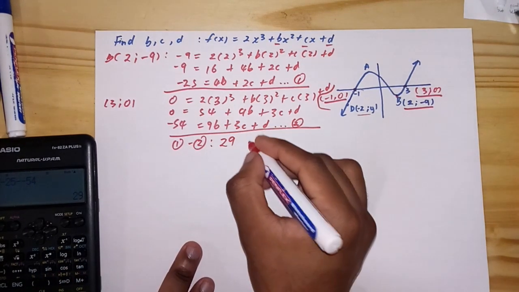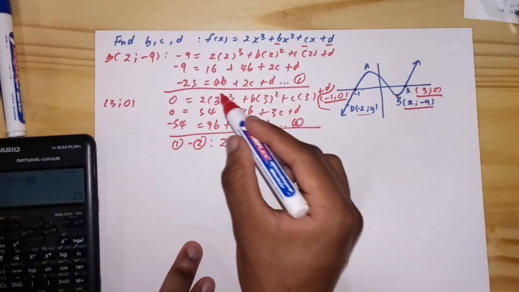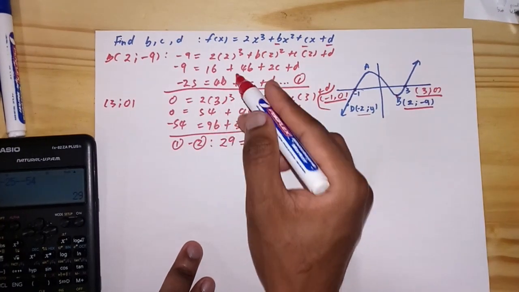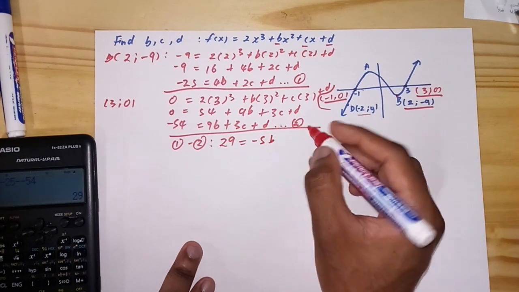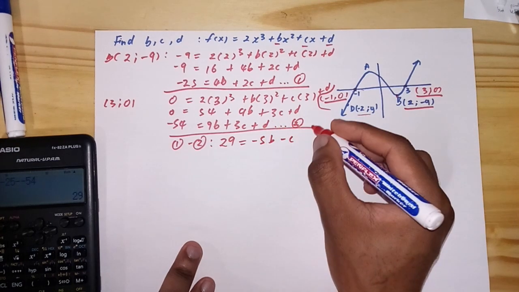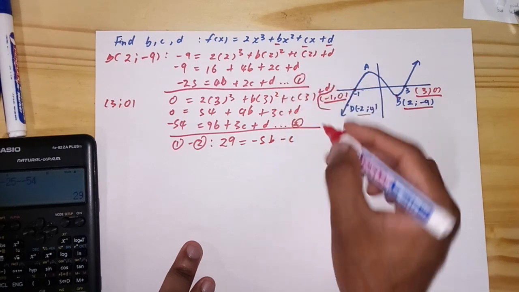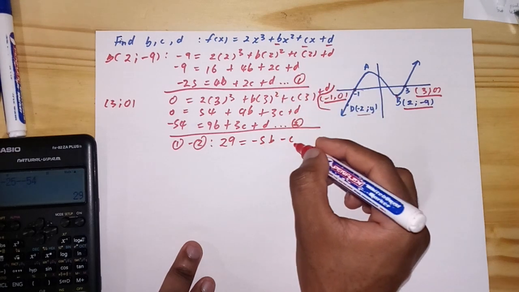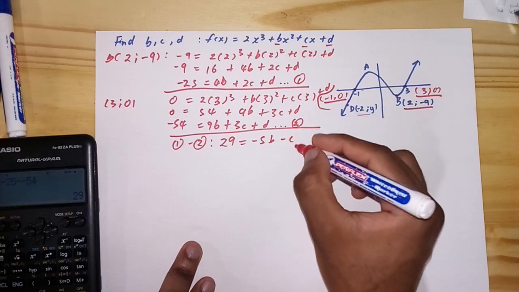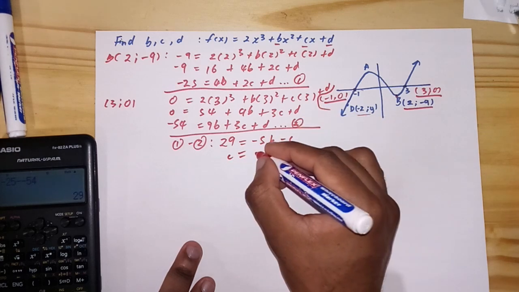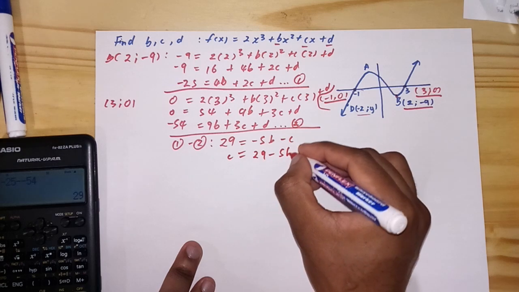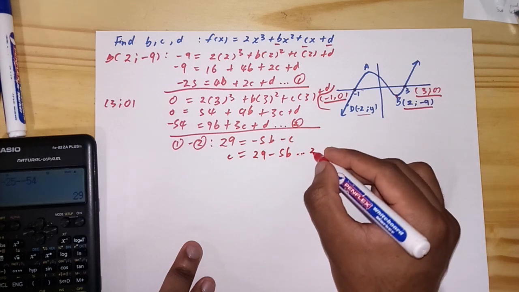There we go. Subtracting that from that gives you minus 5b, and 2c minus that gives you minus c, and this one is no longer existent. To make it less complicated, let's say c equals 29 minus 5b, and that is your equation number 3.